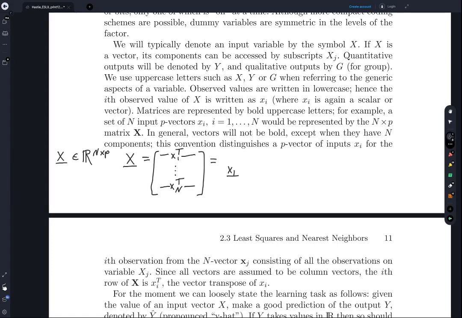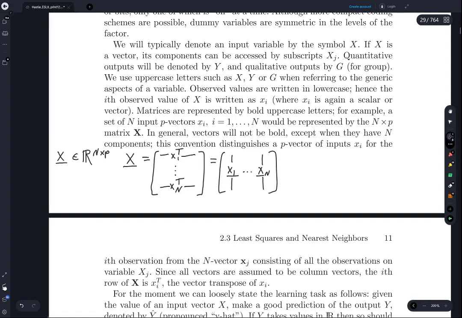This is an n vector, so it has n entries, n rows and one column. So it's just a column here, and then this goes all the way over to lowercase bolded xp, which is also a column, and then these together form this matrix.